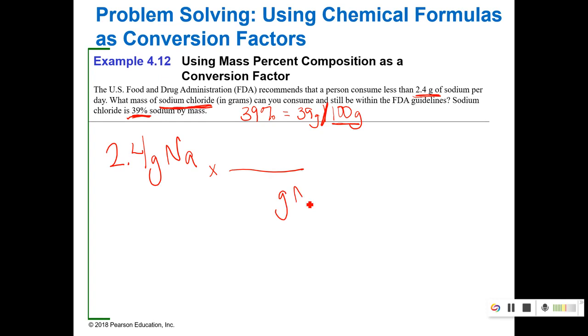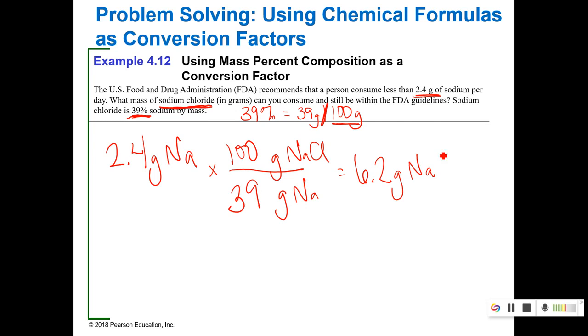So I need grams of sodium and grams of sodium chloride on top. So the whole compound sodium chloride, sodium's just 39. I get 6.15. Really, it should just be 2 sig fig, 6.2 grams of sodium chloride.